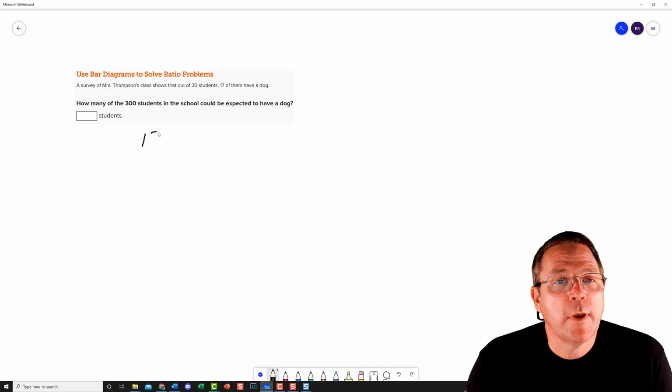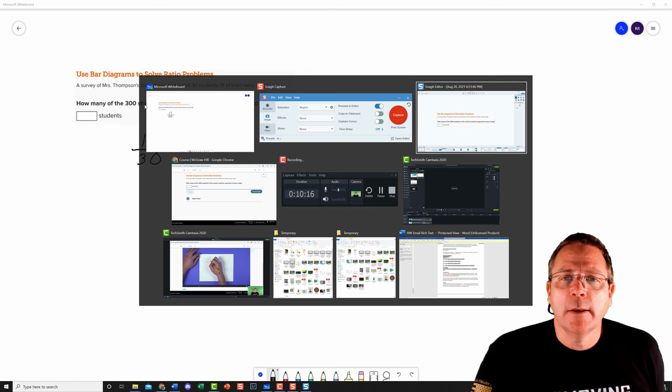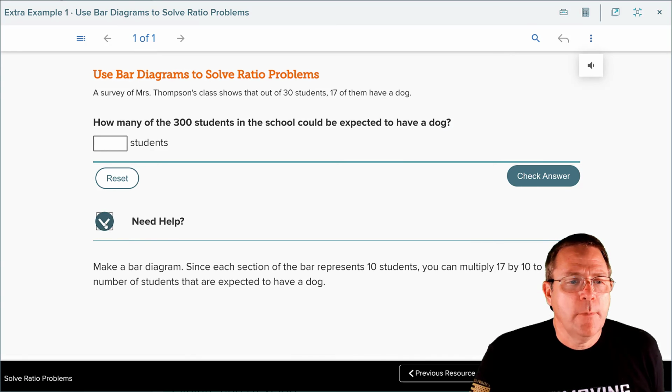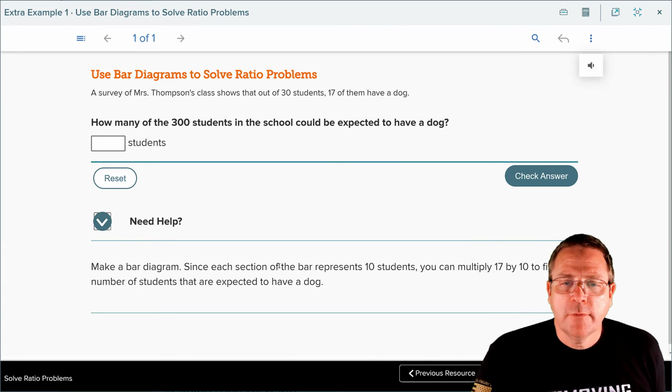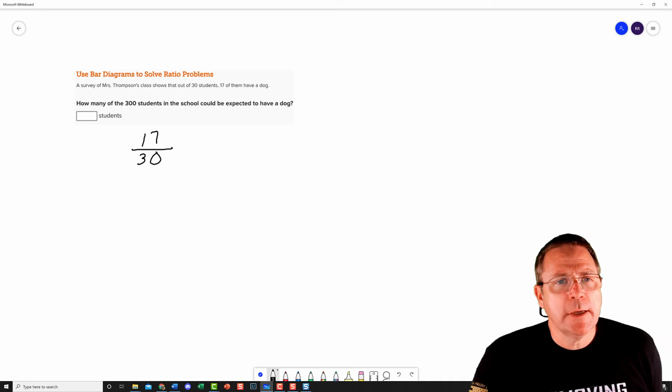So we've got 17 out of 30 have a dog. Now let's go back and look at that tip again, because it was a really nice tip. What do they suggest you do? They suggest you knock it down into sections that represent 10 students and multiply 17 by 10. I'm not sure that that's real clear, so let's think about it for a second.